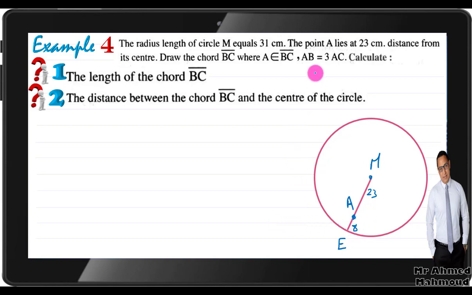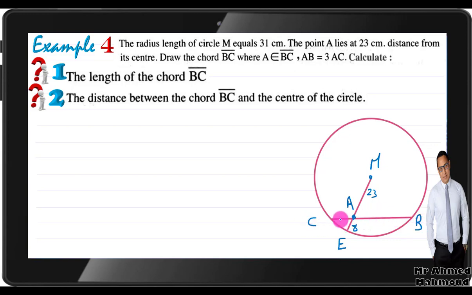Okay, now draw BC such that A belongs to BC. I'm going to draw line segment BC passing through A like this, in which AB is equal to 3 AC, so AB is greater than AC, so this is B, the bigger part, and this is C, the smaller part.